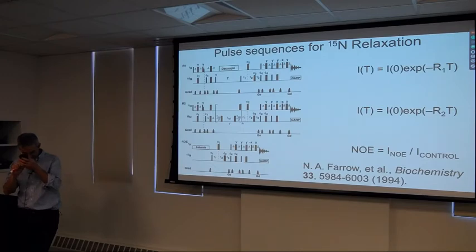So that would be 1 over e. So 37%. So that's not near Boltzmann equilibrium.